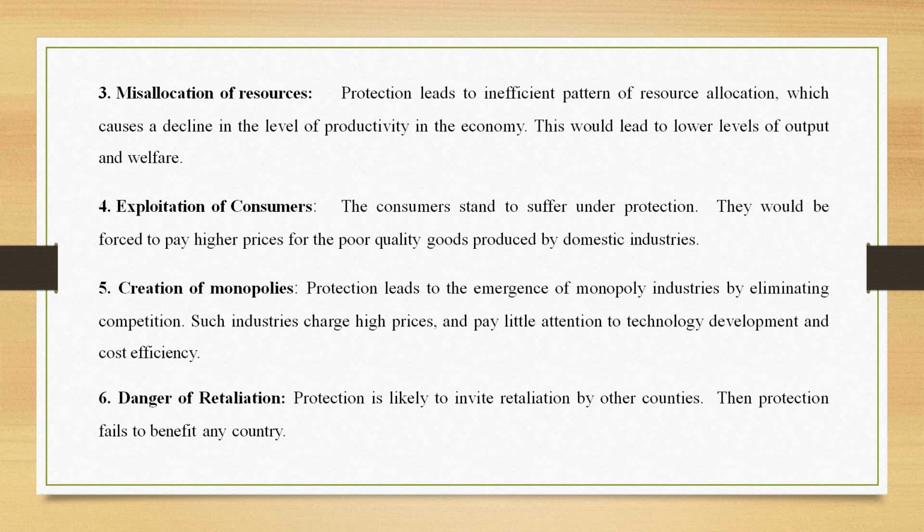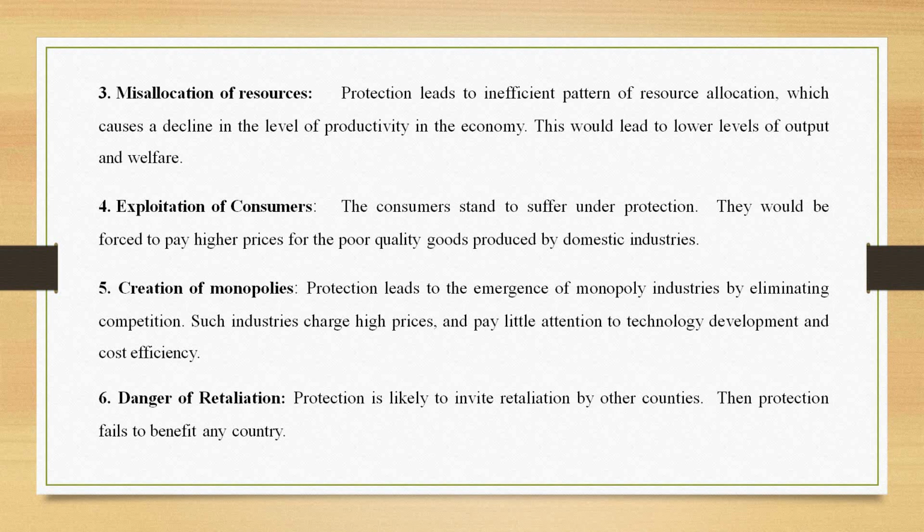And the next one is creation of monopolies. Whenever a government or the economy gives too much protection to an industry or a firm, it ultimately leads to the creation of monopolies. Whenever a monopoly takes place, everything will be surrendered to the monopoly system.